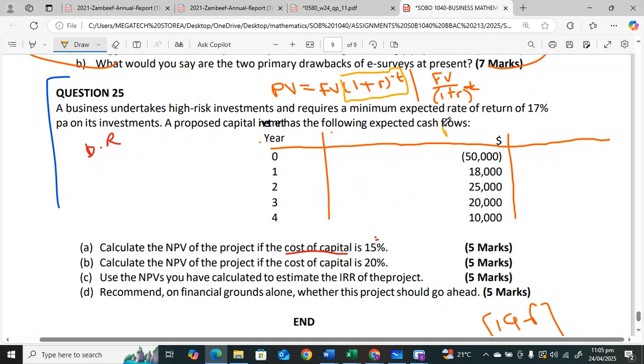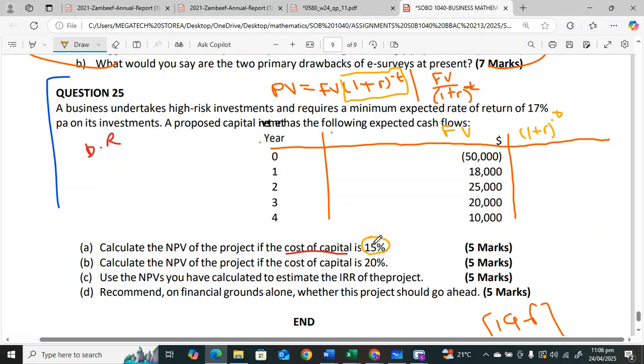Our future values are already here. So our discount factor is 1 plus r to the power negative t. As I said, r represents the discount rate, and the discount rate is your cost of capital.